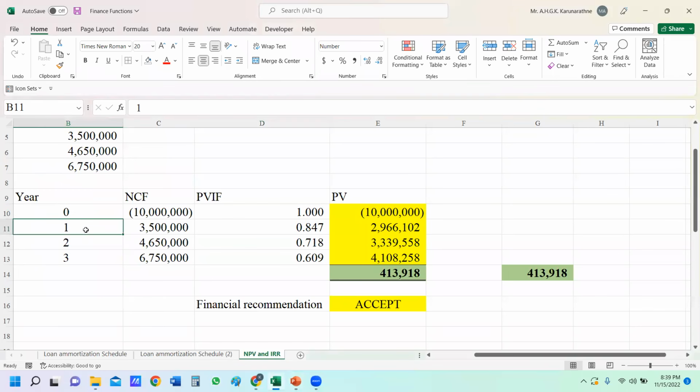Each year represents the end of each year. 0 represents right now, 1 represents the end of year 1, 2 the end of year 2, 3 the end of year 3. If someone says beginning of year 2, you should put it under year 1, not year 2, because the beginning of year 2 means the end of year 1.